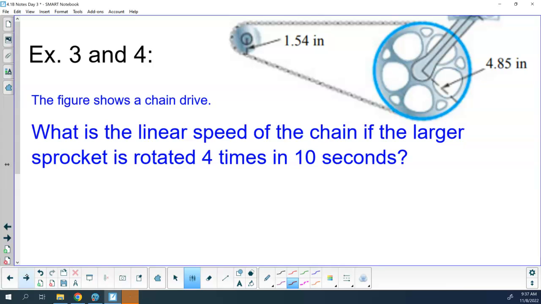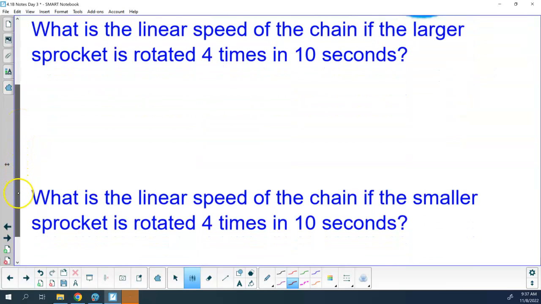So that's our chain drive. I want to know the linear speed of the chain if the larger sprocket is rotated 4 times in 10 seconds. And then I'm also going to give you the other one, the next example too.